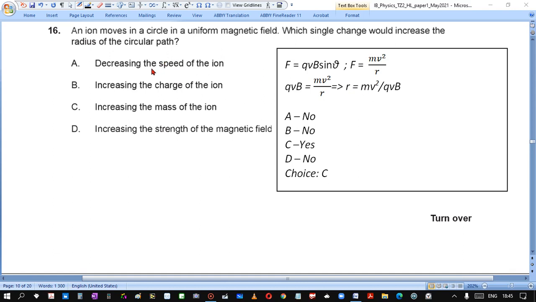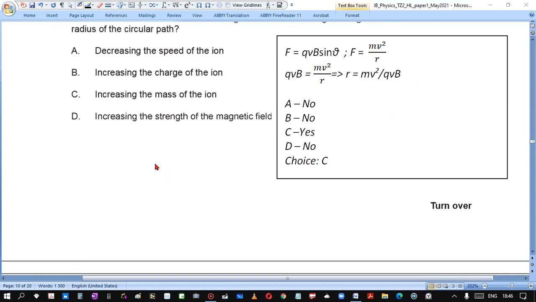The rest choices: decrease speed, no, because proportional to speed. Increase charge, no, because inversely proportional. Increase the mass, yes, and increase the strength, no, because increasing strength will decrease radius. So our choice is C.